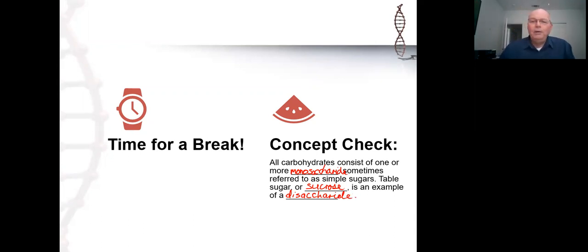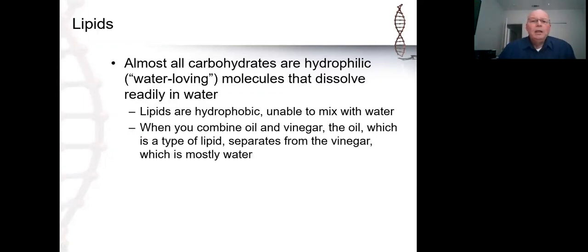Okay, so onwards we go to the next type of macromolecule, the lipids. Lipids are almost pure hydrocarbon, and they are extremely hydrophobic. But that's kind of important because of the role that some of the lipids perform in cells.